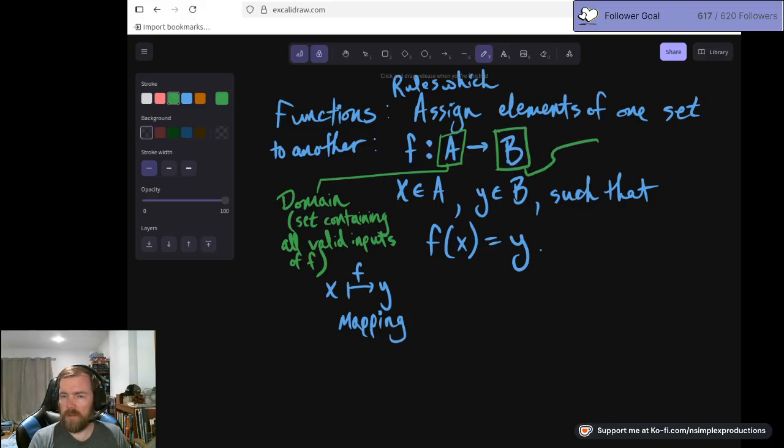And B is going to be the range, which is a set containing all received output values of f.